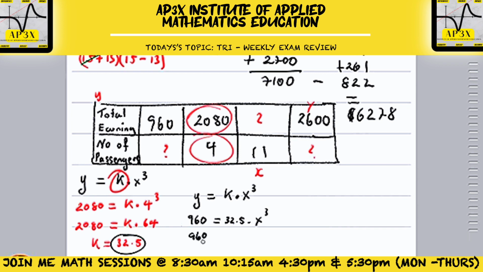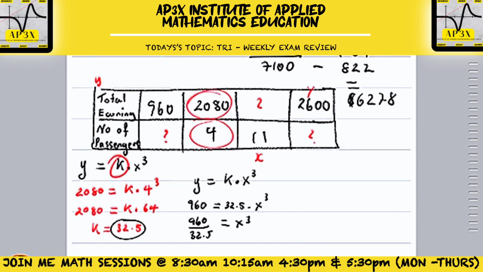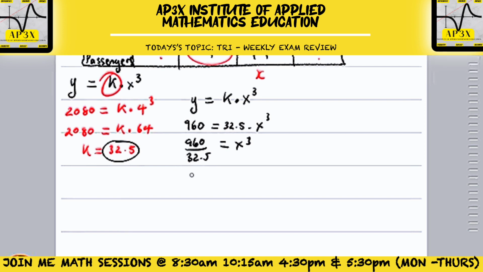So 960 divided by 32.5, that gives us x cubed. So then let's jump on our calculators. That's 960 divided by 32.5. That gives us an answer of 29.53 equals x cubed. So therefore easily then to find x, we're going to cube root the left side. So that's the cube root of 29.53.